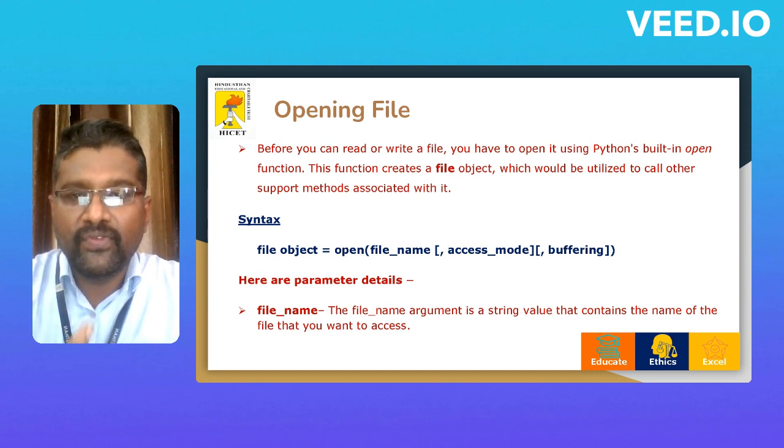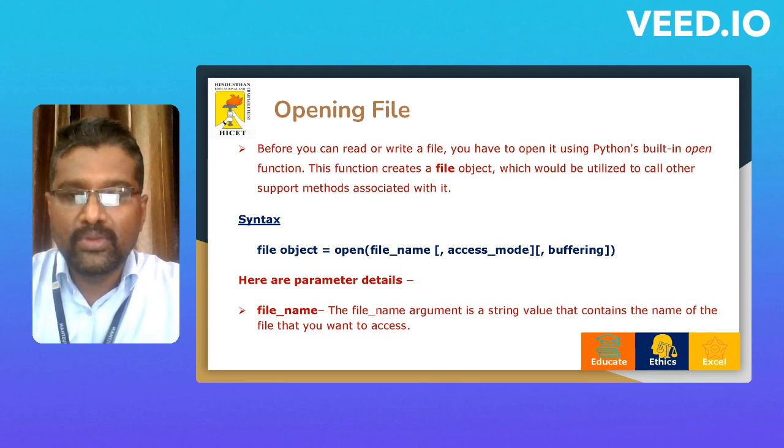Each and every file will have a separate file handler or file object. Here, open is a built-in function which contains three parameters: the file name, access mode, and buffering. The access mode and buffering are optional, but the file name is a must and should be mentioned. So the file object is equal to open, file name, access mode, and buffer.